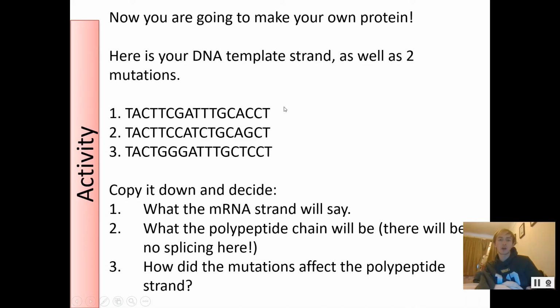There's not a full code on here, so we can ignore this CT on the end. So if you got AUG, AAG, CUA, AAC, GUG, GA, and the correct amino acids as I just described them, then you've understood this little bit.